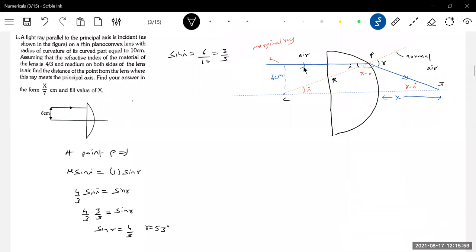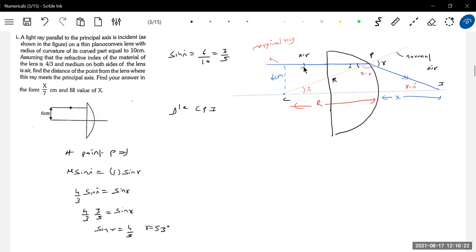Let's look at the triangle. From triangle CPI, we should calculate this distance x. What can be this distance? The remaining distance should be the radius.